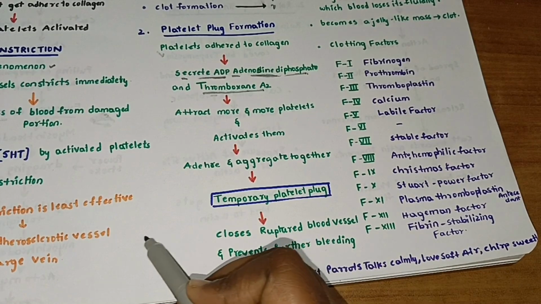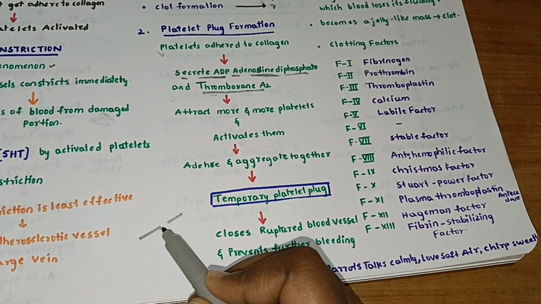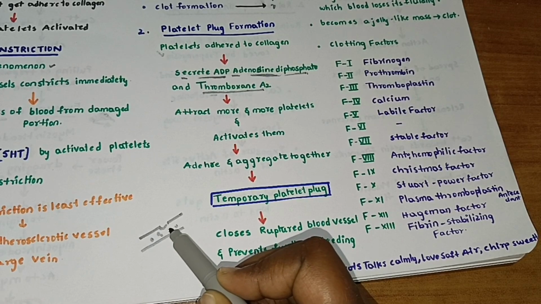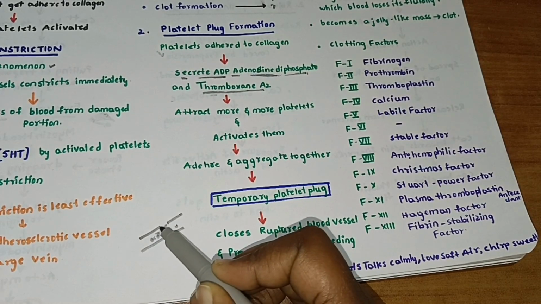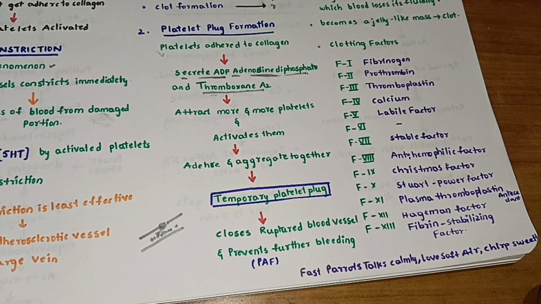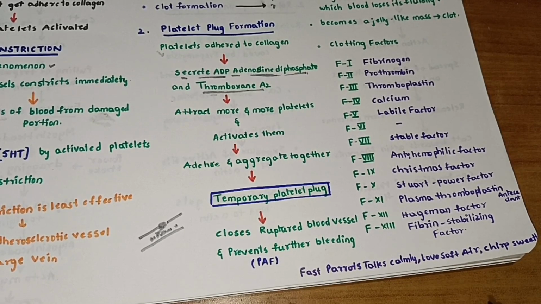Here is the blood vessel, and here the injury. All the platelets get activated, adhere to each other, and close the ruptured blood vessel. This is temporary, so it cannot stop the bleeding for a long time.